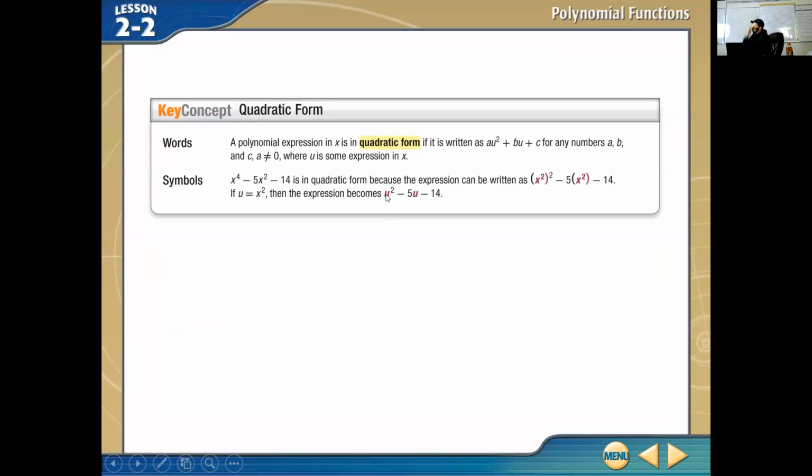In other words, we're substituting to get it into a quadratic so that it's easier for us to factor, because that's what we have the most experience factoring: trinomials whose leading term is x squared. So we're taking those possibilities and substituting u in to make it easier for us.